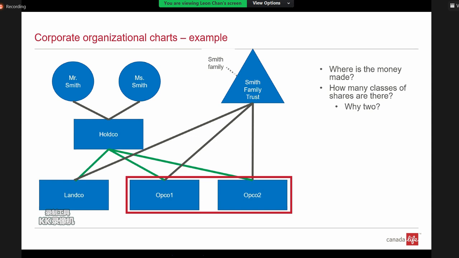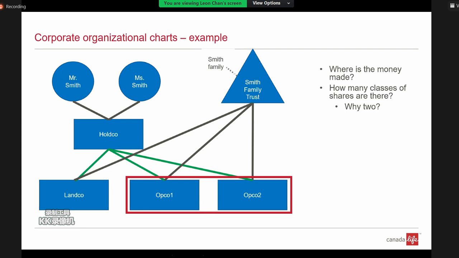And if they're looking at a sale of those businesses down below, since the family trust owns those shares, they would be disposing of those shares that they own. And the capital gain there, whether or not that can be allocated to the beneficiaries, right?